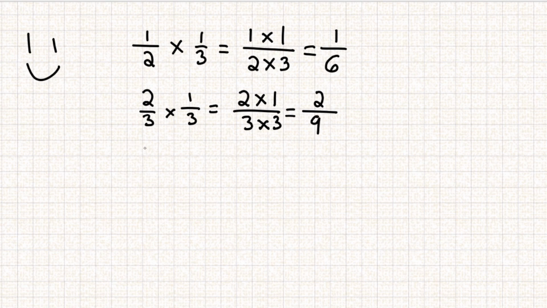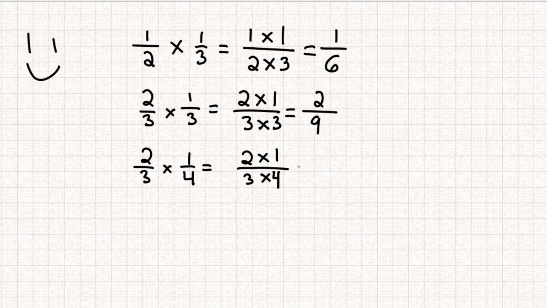Now we're going to look at a slightly different example where we can simplify on this step. So let's say I have 2/3 times 1/4. I'm going to complete the same first step, which is writing this as one large fraction. So 2 times 1 divided by 3 times 4.